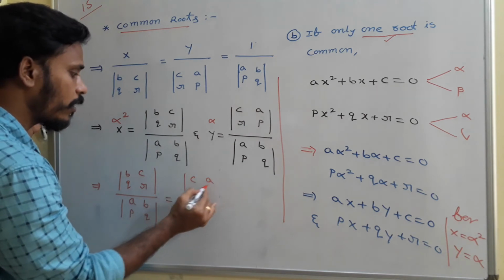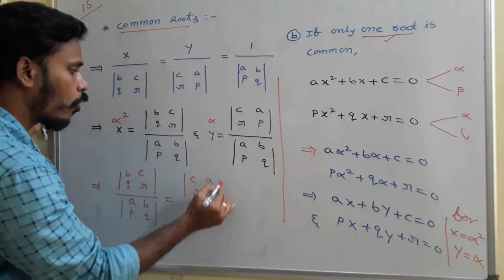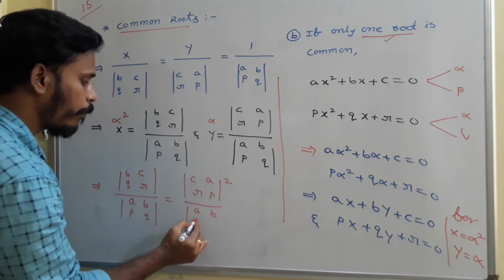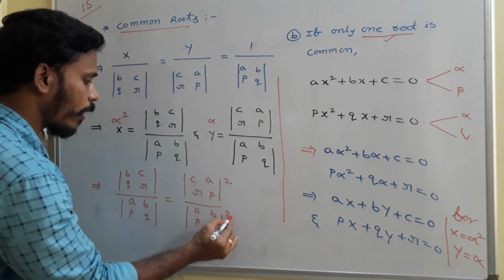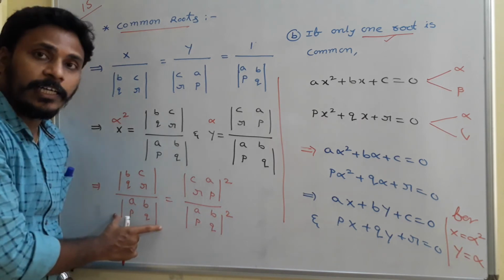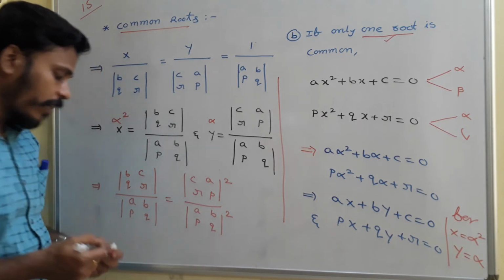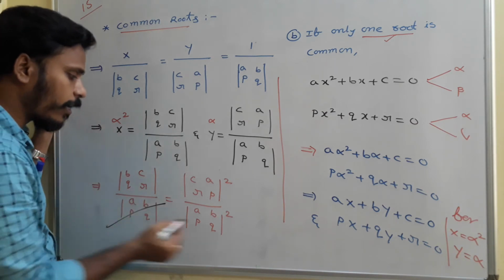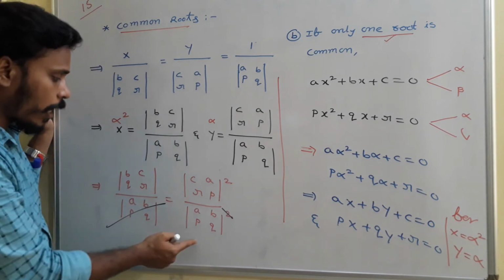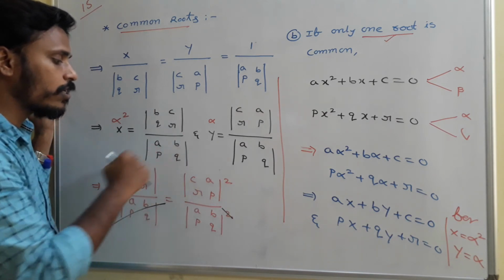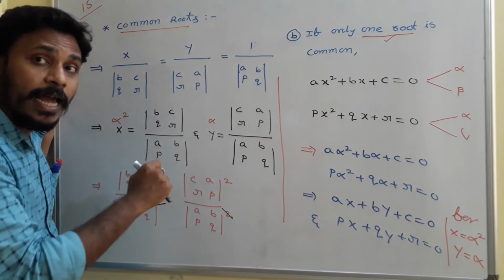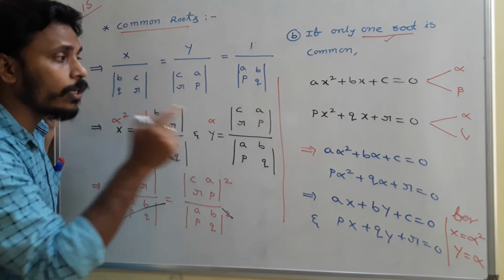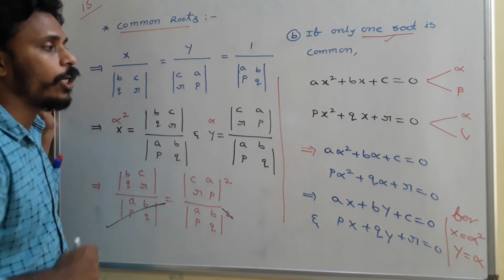Determinant of CA RP whole square divided by determinant of AB PQ square. Here the determinant of AB PQ, and here again the determinant of AB PQ square, so the two values are same and one determinant will cancel with this square. Now the product of these two is equal to CA RP square. That's the result, the restriction on the coefficients if two equations have a common root, which we need to memorize.